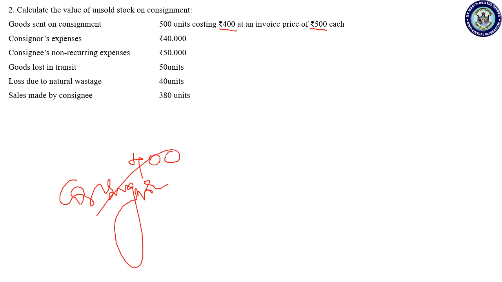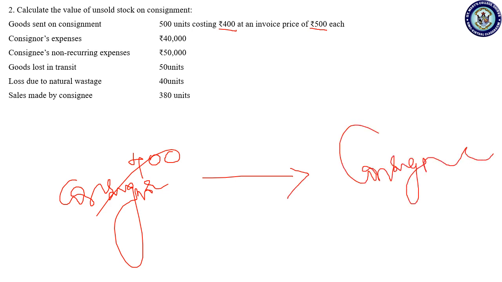When he consigned the goods to the consignee, he is not selling, he consigned at rupees 500. The difference, the 100, is the loading price. We term it loading price because he is not selling the goods, he is just consigning the goods.